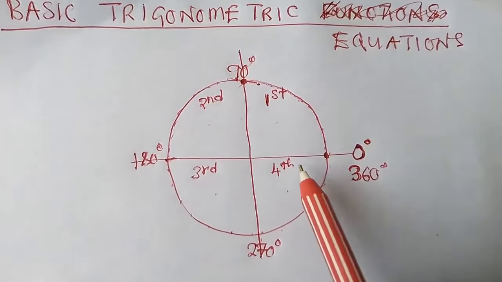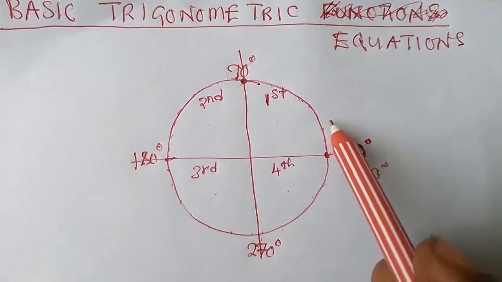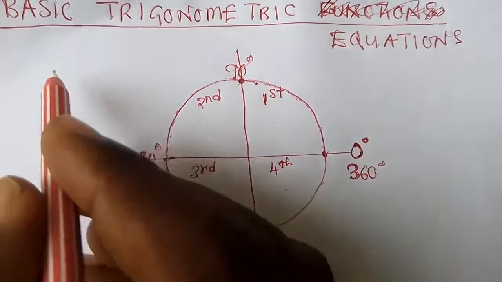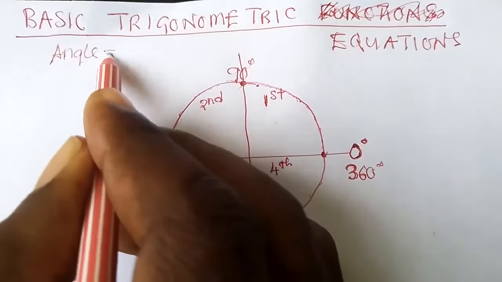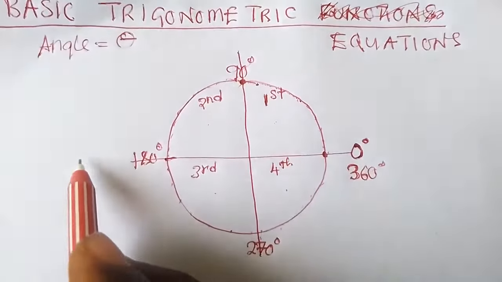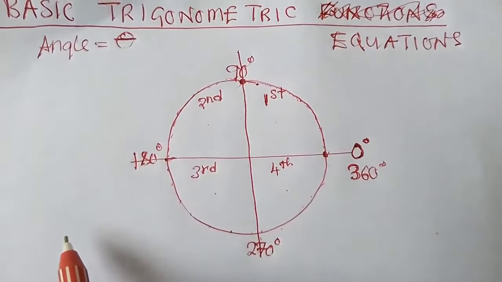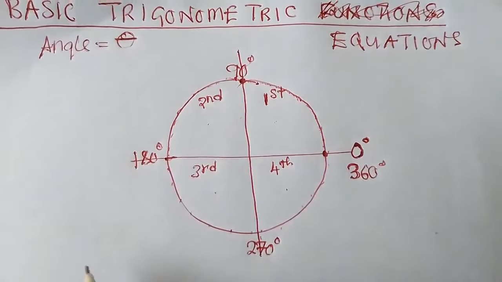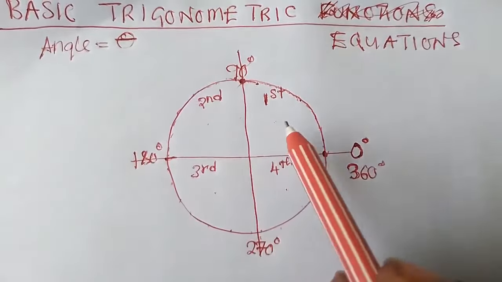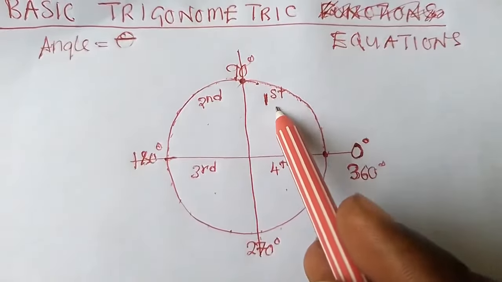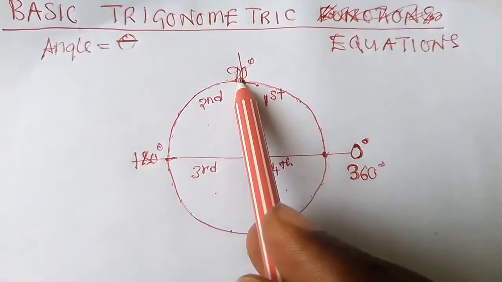In the first quadrant we've got the angle. For the angle, I'll be using the word theta, so don't be confused. In the first quadrant, theta is between 0 degrees and 90 degrees.